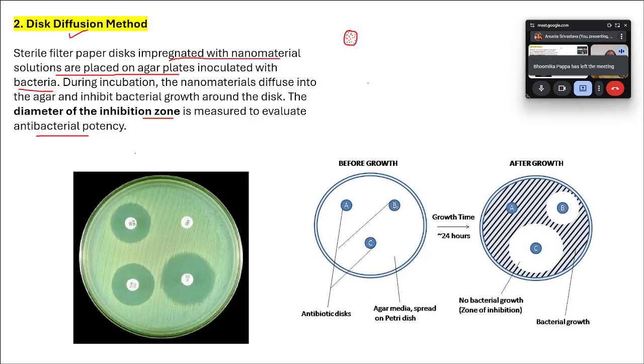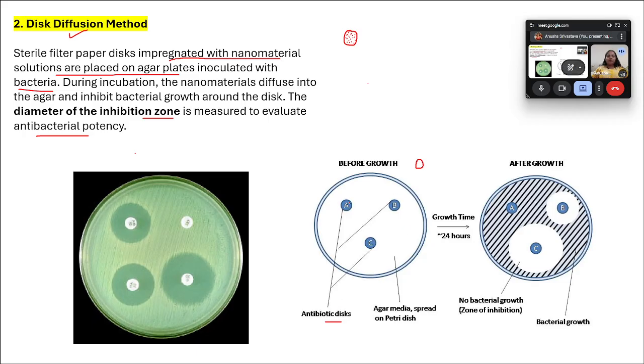So, A and B actually are antibiotic discs, with which you will compare A, B, and C. In this, the agar media is spread on a petri dish. Now, at this point, since you have simply just plated the bacteria, this is time zero. After doing that, you simply put these antibiotic discs.